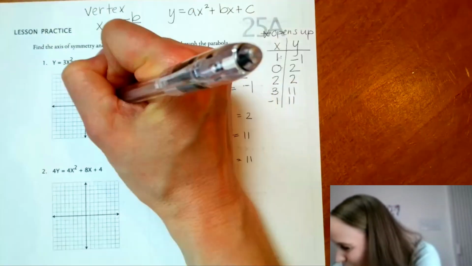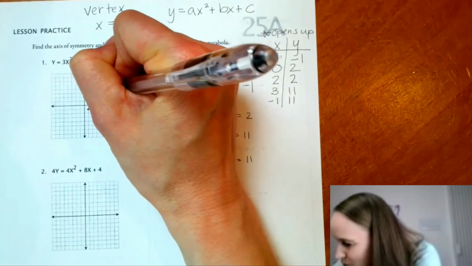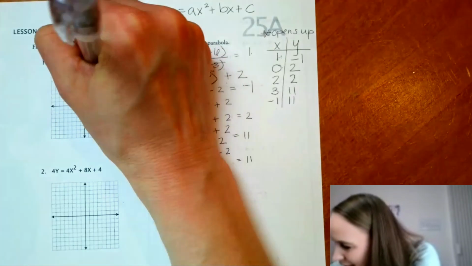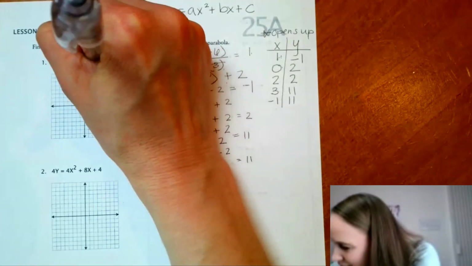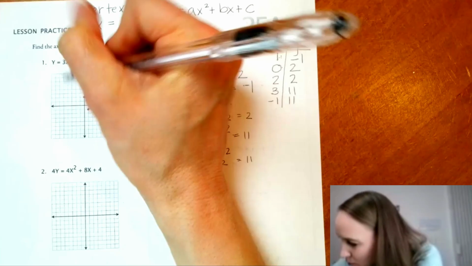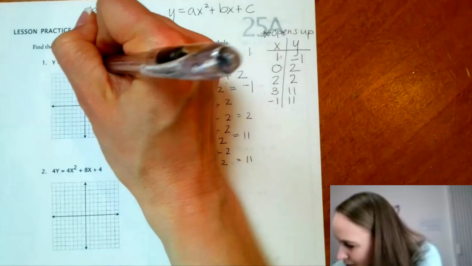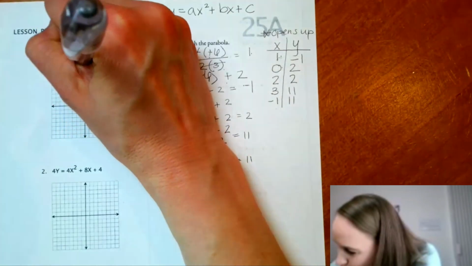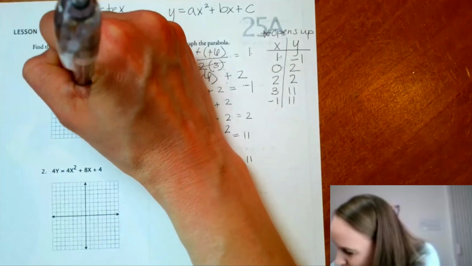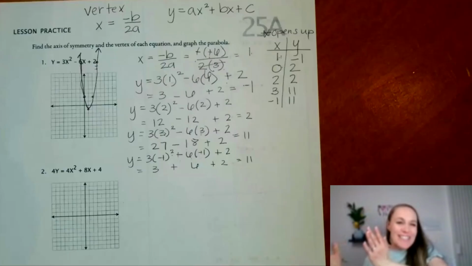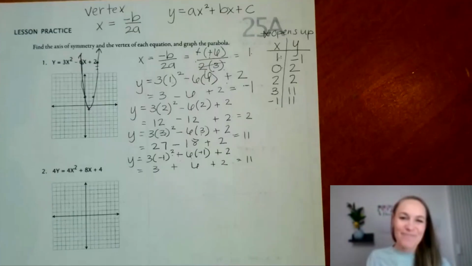So 1, 2, 3, then 1, 2, 3, 4, 5, 6, 7, 8, 9, 10, 11. That looks good. And then on the other side as well, negative 1, positive 11, which should be somewhere up here. And I'm going to try my best to make a U shape. So it looks something like that.